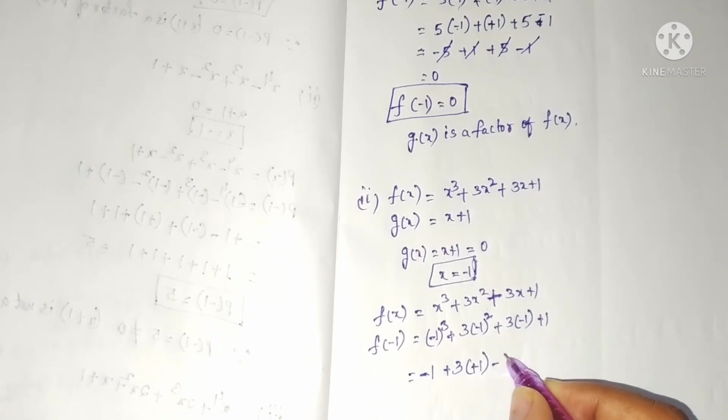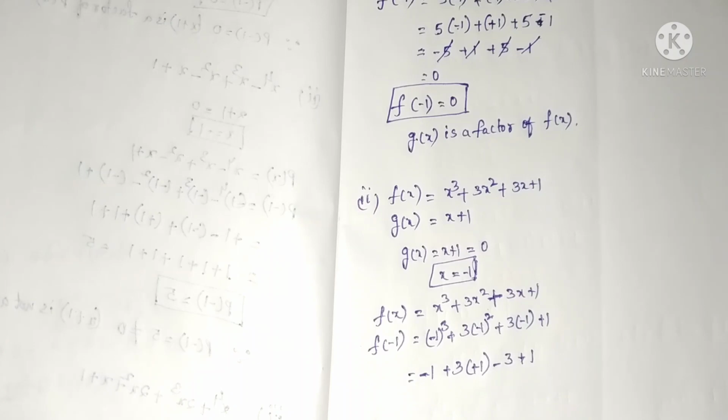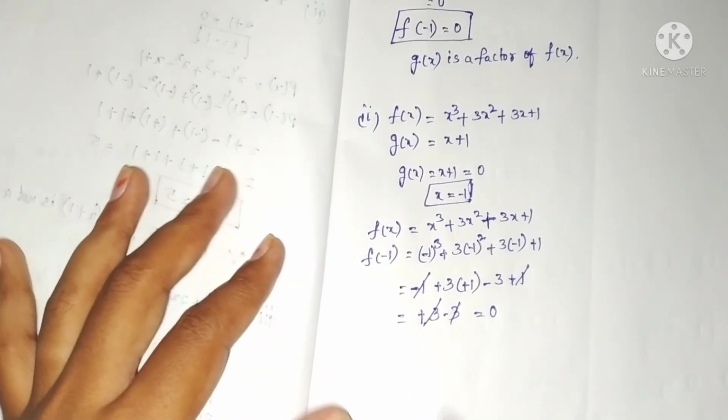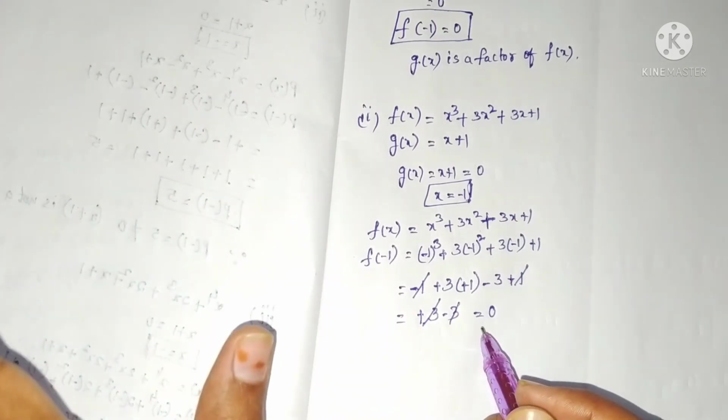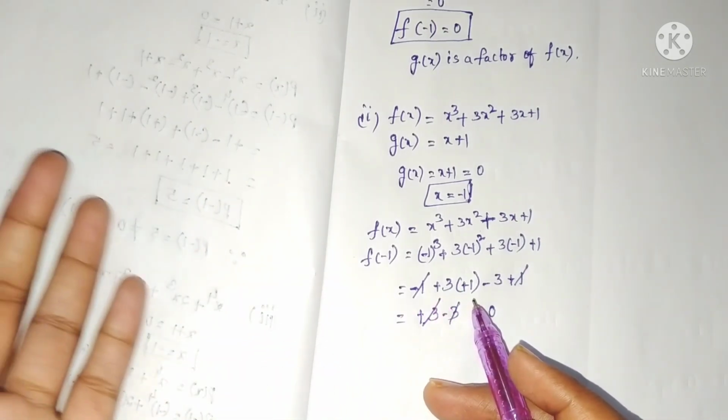Plus into minus, minus 3 plus 1. See, this minus 1 and plus 1 will get cancelled. Plus into plus, plus 3 minus 3. Plus 3 minus 3 also cancel, and we get 0. Here cancel means 3 minus 3 is 0, and 1 minus 1 is 0.